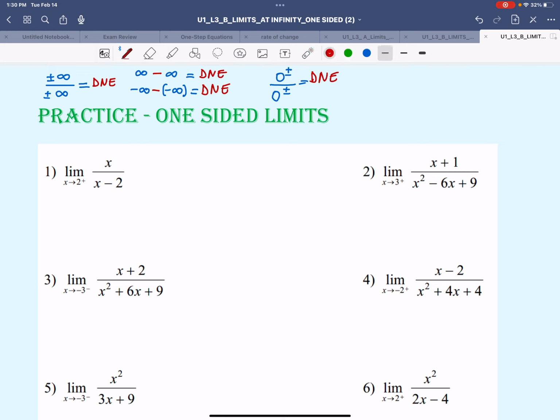Similarly, 0 plus minus 0 plus is also undefined because we don't know the difference between the two. They're both extremely small or indefinitely small, so the gap between the two is undefined. And last one, 0 minus minus 0 minus: subtracting two one-sided zeros of the same sign will also be undefined, so that doesn't exist.